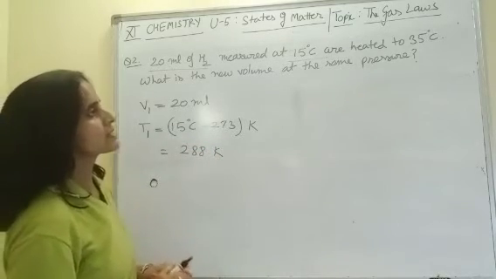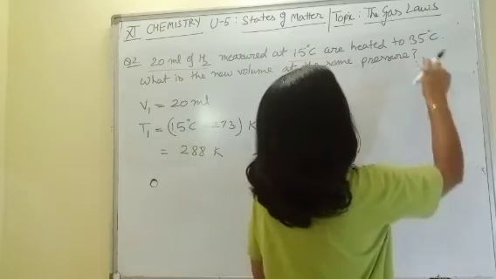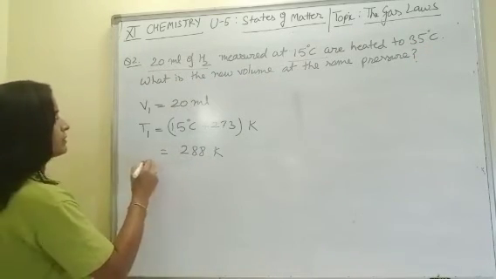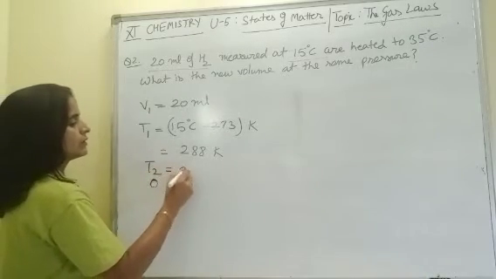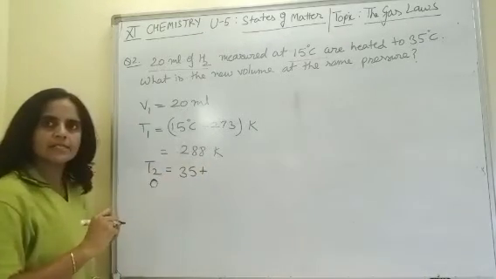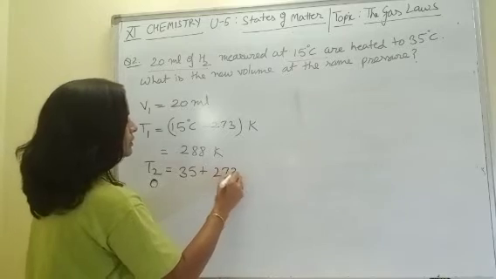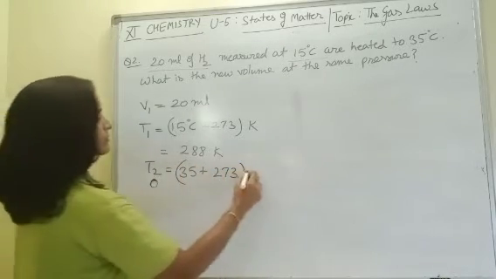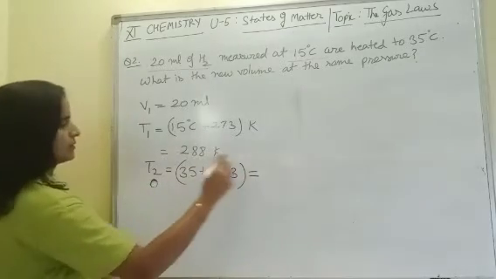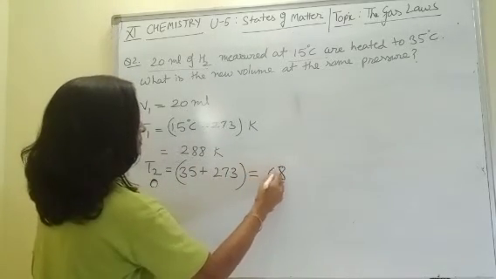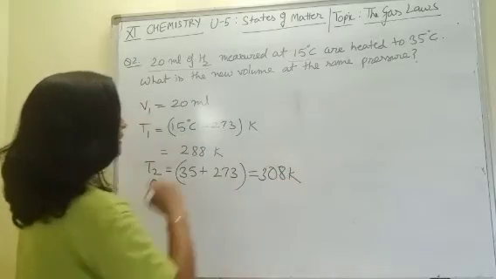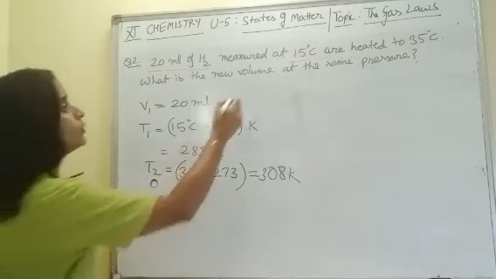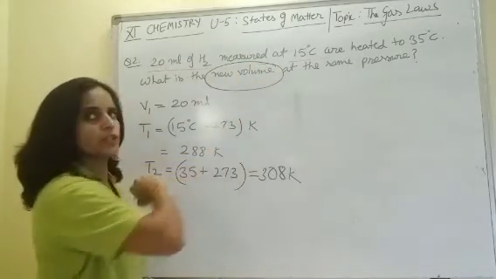Then given to us is 35 degree Celsius, that is final temperature T2, 35 again in Celsius, plus 273. So the temperature becomes 308 Kelvin, right?